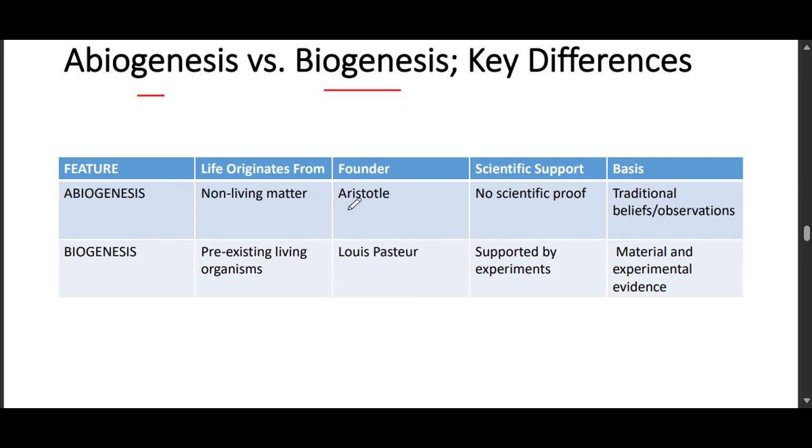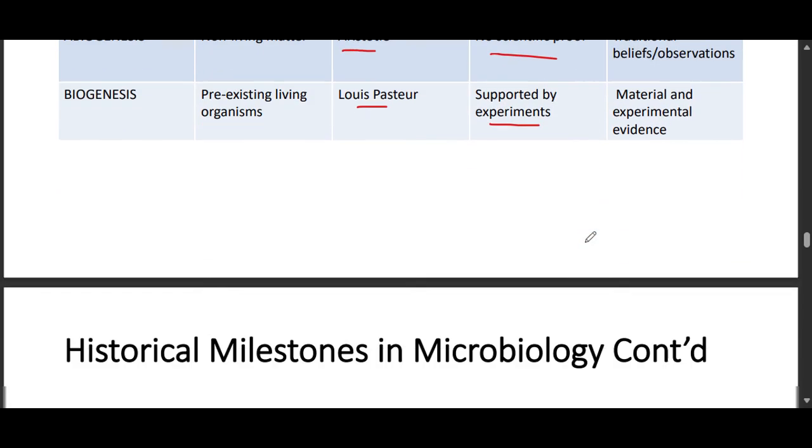The founder of abiogenesis is Aristotle, while biogenesis has to do with Louis. When it comes to scientific support, abiogenesis doesn't have any, while biogenesis has support, as we have seen from the microbiologists who contributed. Evidence was there for biogenesis, while abiogenesis was just traditional beliefs or observations.